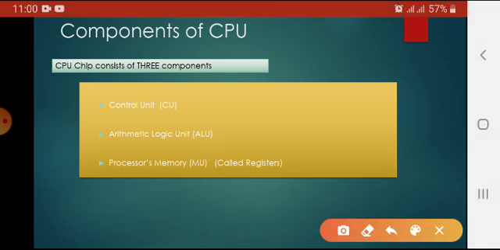That CPU chip has basically three parts. One is the control unit, which we can write as CU. The second one is the arithmetic logic unit, in short we write it as ALU. And the third is the processor's memory unit.